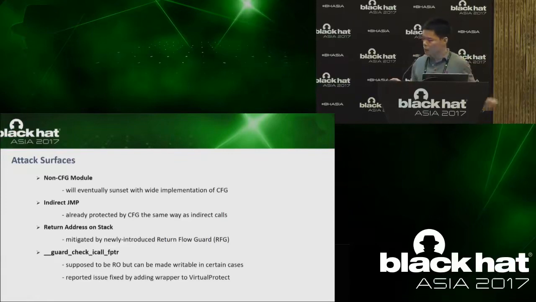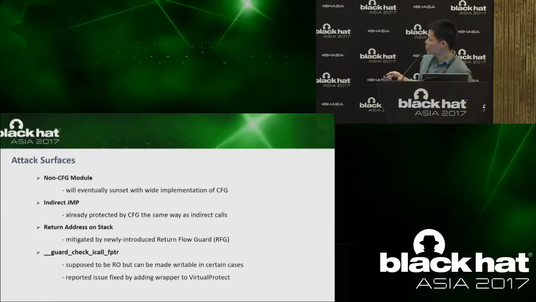Indirect jump: this attack surface has already been mitigated by CFG the same way as indirect calls. Return address on stack: this has been mitigated by the newly introduced RFG, return flow guard. One more attack surface is the guard check function pointer inserted by the compiler before each indirect call or indirect jump.